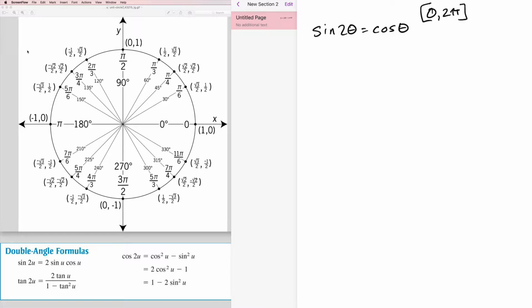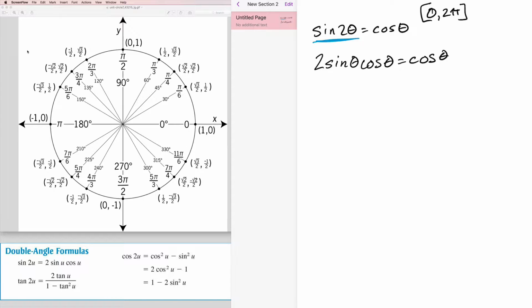All right, so where to begin? Looking at our double angle formula, I see that I can change sine 2 theta. I'm going to use my formula and do 2 sine theta times cosine theta equals cosine theta. All right, so the next thing I want to do, because I am solving, right?